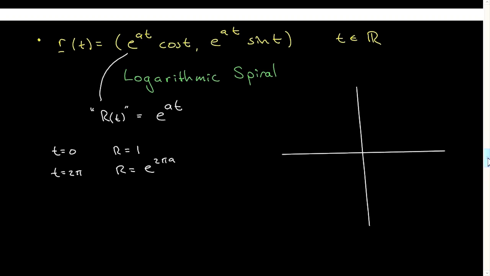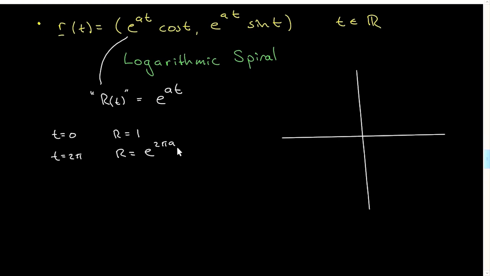So it's a good idea to make a a small number. The radius next will be e to the 4 pi a, and the fact is it's growing exponentially with the number of turns of the spiral.